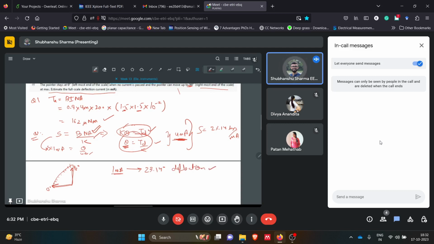By this we can easily calculate how much current we need for 90 degrees. By the unitary method, simply multiplying by 90, we get the current, which equals 3.88 milliampere. So for 90 degrees of deflection, that is the full scale deflection, we got 3.88 milliampere of current. Okay, so this was the full scale deflection current.